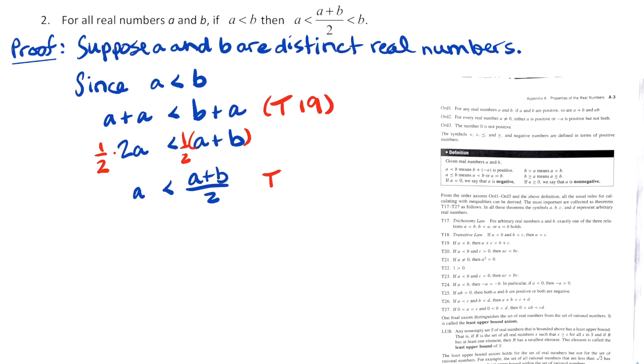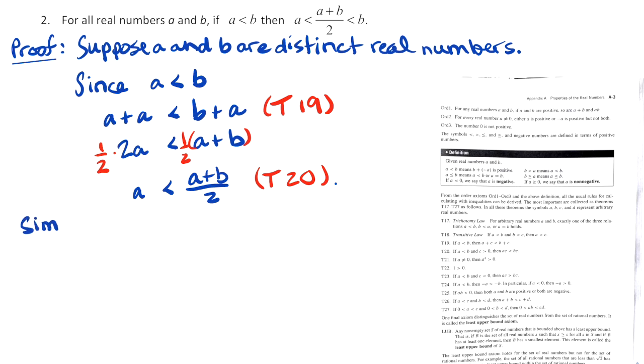I multiplied both sides by a non-zero real number. And so the inequality holds. And I'm sorry, not just non-zero, but greater than 0. So put that aside for now.